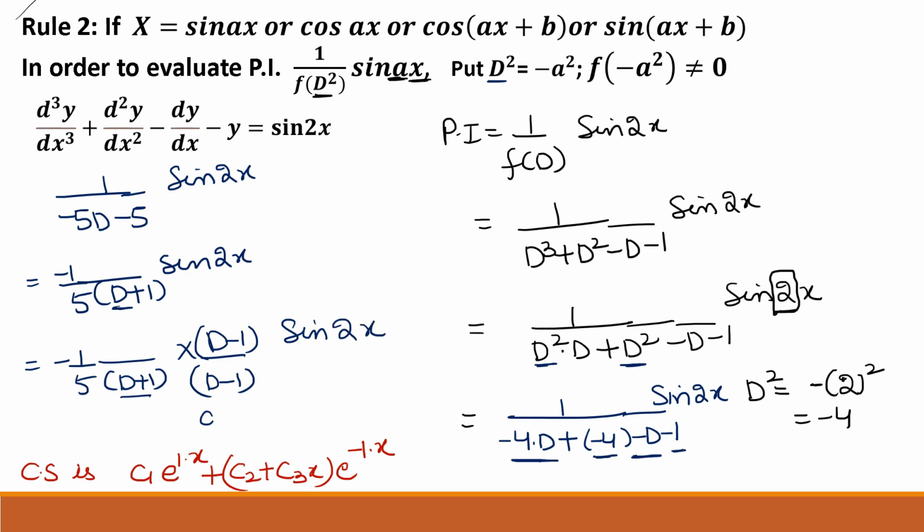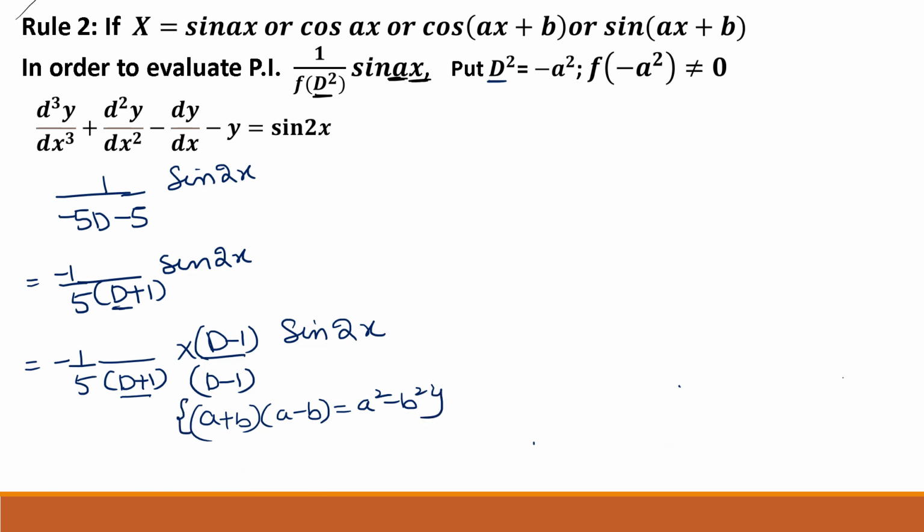We know the formula (a + b)(a - b) is a square minus b square. So this equals -1/5 times (D - 1) over (D square minus 1), on sin 2x.